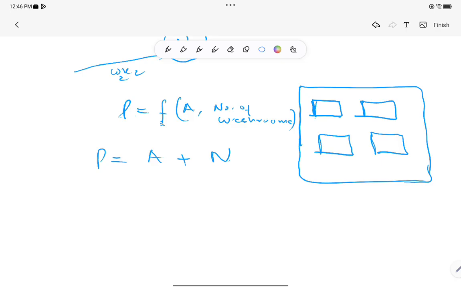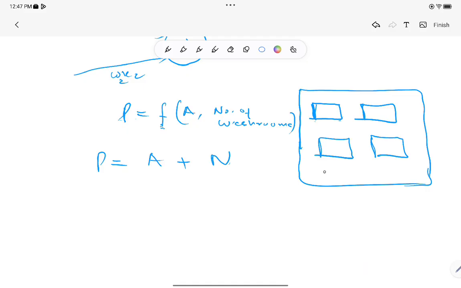Why? Because suppose you double this plinth area. Suppose you take two houses, one house here and another a small house here in the same locality, with half of the plinth area as compared to this. Call it first house, second house. Now this area is double of this.